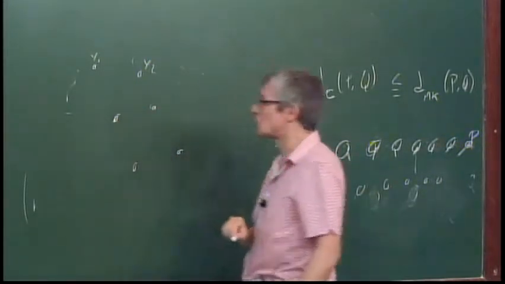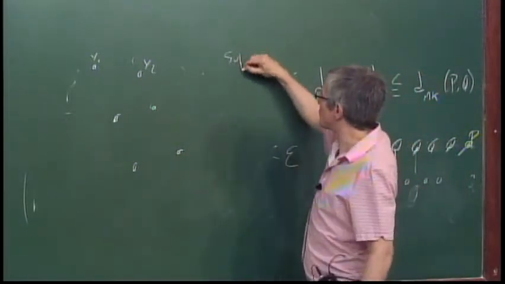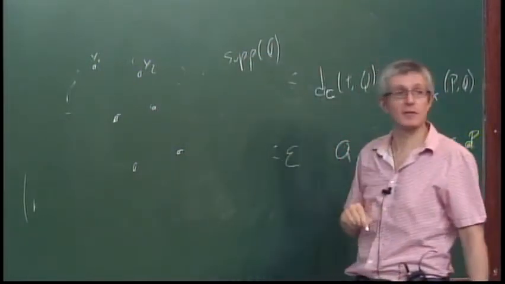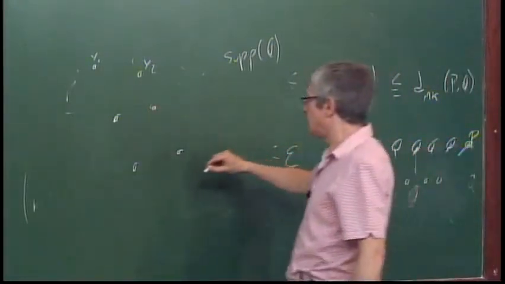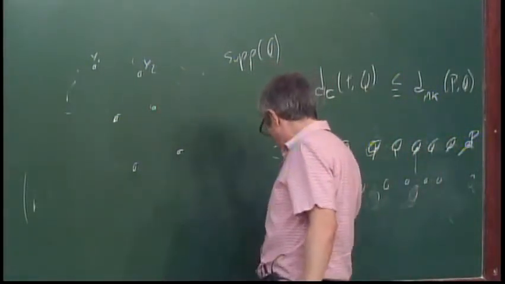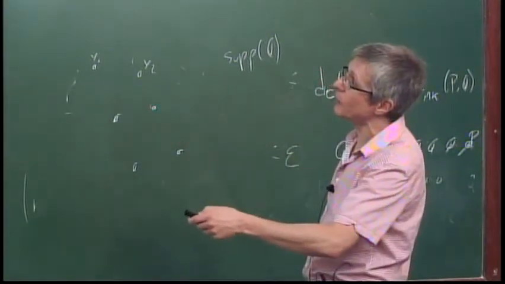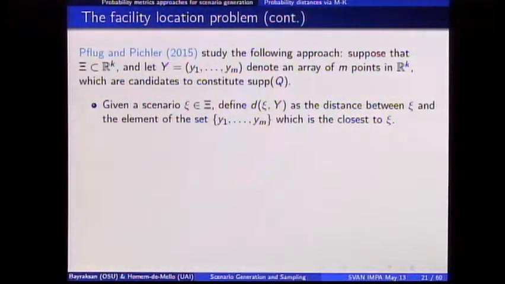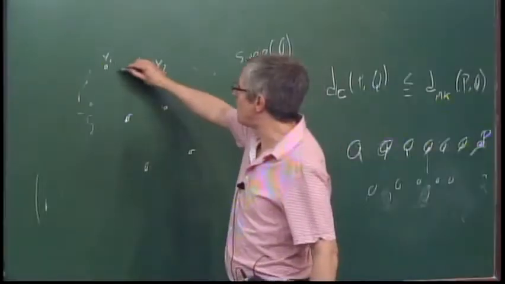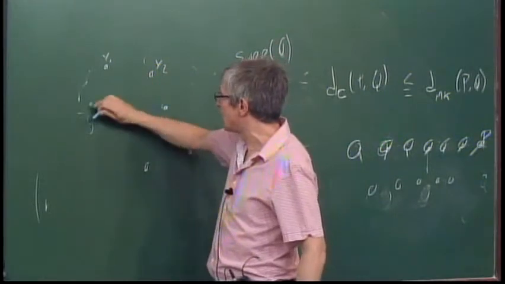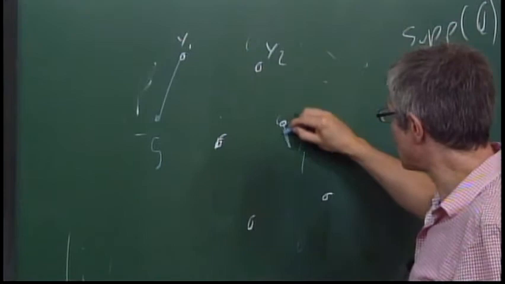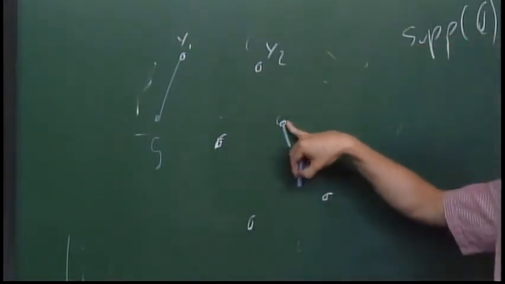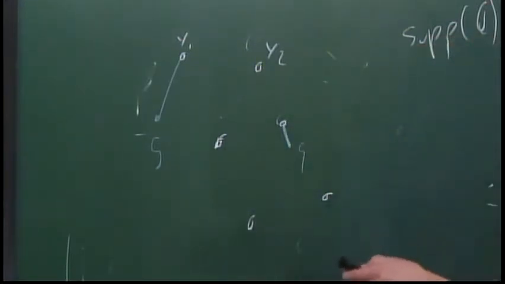Those are the candidates to be in the support of Q, the selected scenarios. For a given scenario C, what is the point in the Y set that is the closest? In this case, maybe it's this one. If C was here, this would be the closest one. So that's how we define the distance.